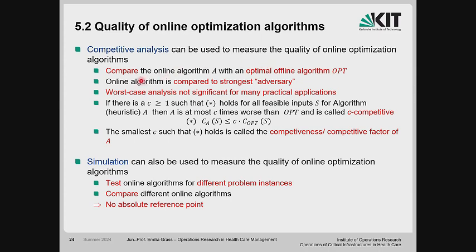The online algorithm is then compared to the strongest adversary. The optimal offline algorithm has full knowledge of all future events and can provide the best possible solution, and then is compared to this hardest competitor, let's say, that generates the worst possible input sequence simply to challenge the online algorithm.